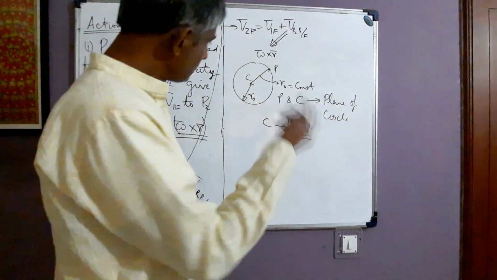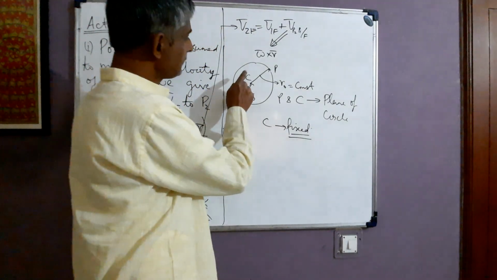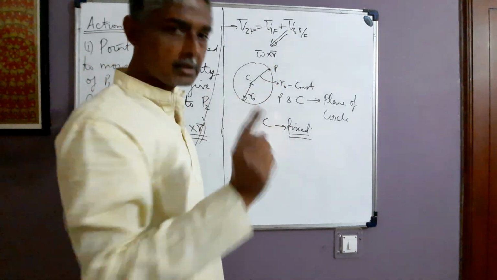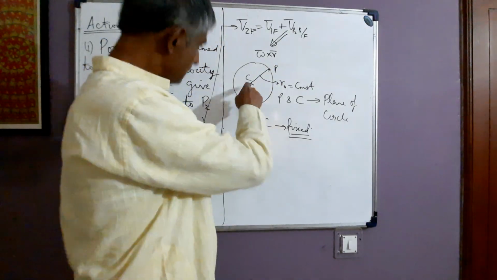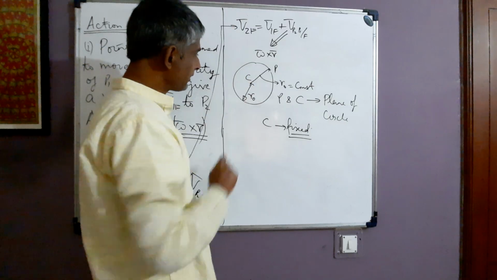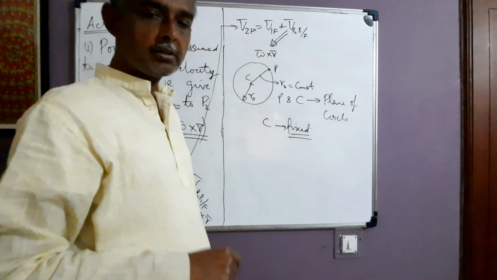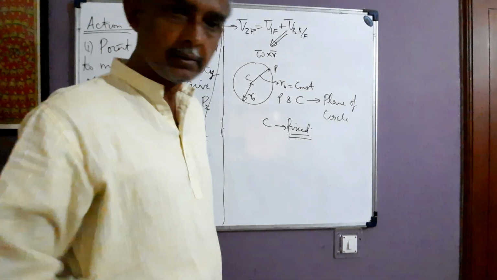Conversely, if C is fixed and P and C are always confined to lie in the same plane, and the distance between C and P is constant, this implies that P moves in a circle.